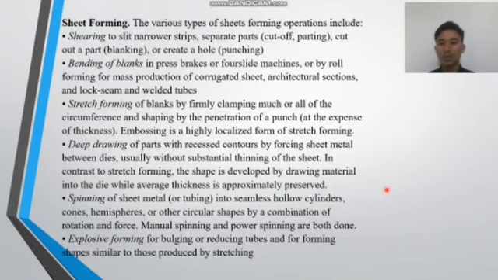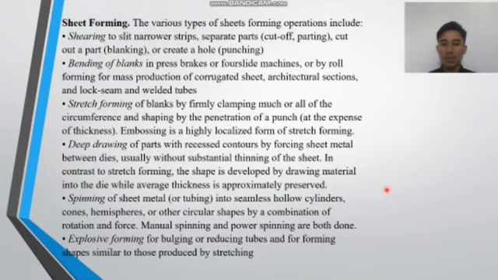Stretch forming of blanks by firmly clamping much or all of the circumference and stopping by the penetration of a punch at the expense of thickness. Embossing is a highly localized form of stretch forming. Deep drawing of parts with recessed contours by forcing sheet metal between dies, usually without substantial thinning of the sheet.